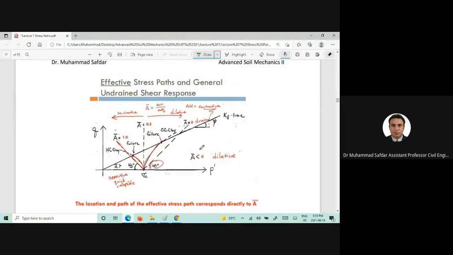Yes. Now, when we want to compare the A parameter, this is the Skempton A parameter. For example, if the A parameter is less than 0, the stress path would lie in this region. And if the A bar or A parameter is equal to 0, which means the drained condition, that will be drawn something like this.